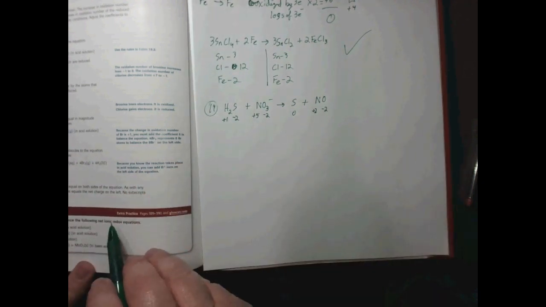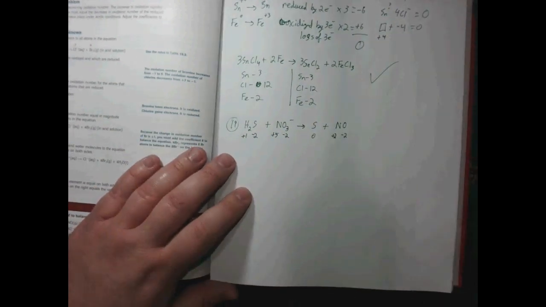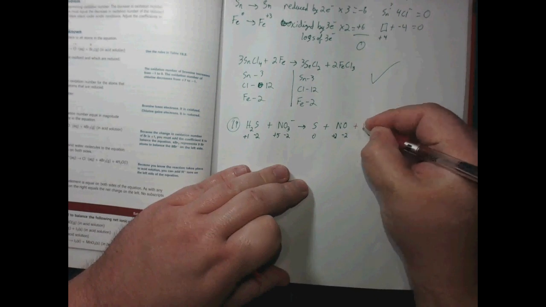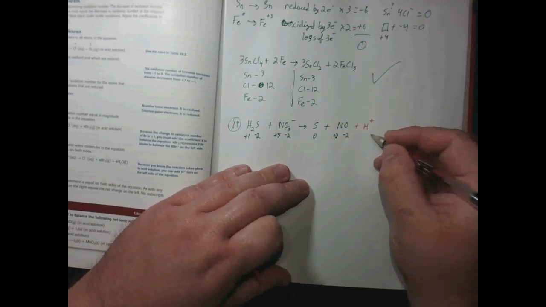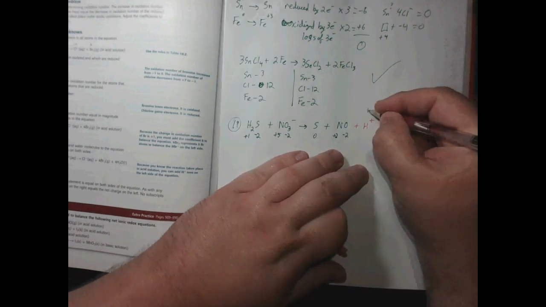But it does tell you in the problem, in acid solution. What does that mean? If it's acidic, it's giving off hydrogen ions. If it's giving off hydrogen ions, that means on the other side is going to be hydrogen ions, okay? If it's in acidic solution.